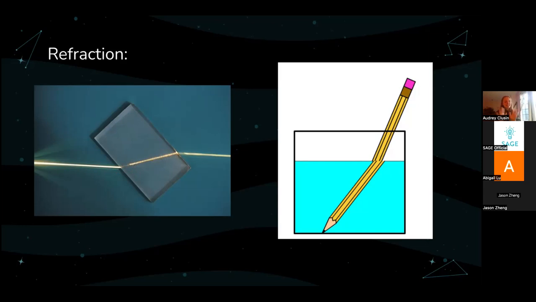Basically, when light is traveling through a different medium, it slows down a little bit and also changes direction. It's a little bit complicated, but what's important for you to know is that a particle wouldn't do this, and that light, because it does something like this, means that it is a wave.